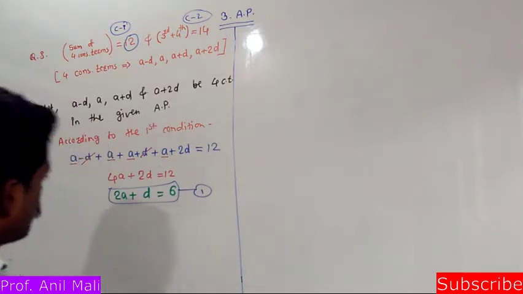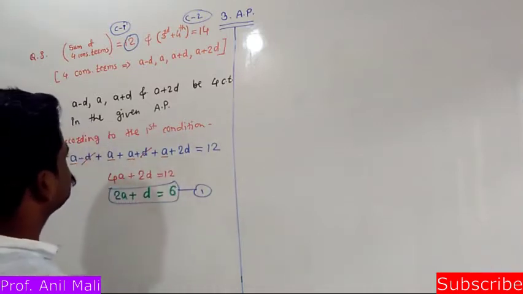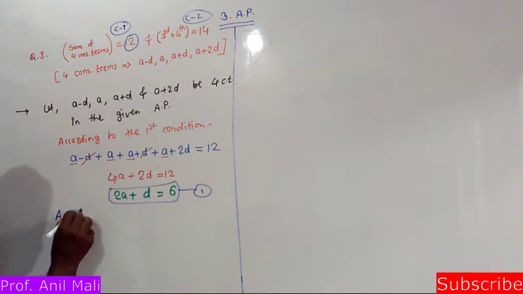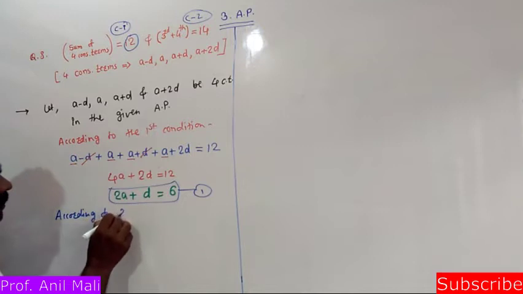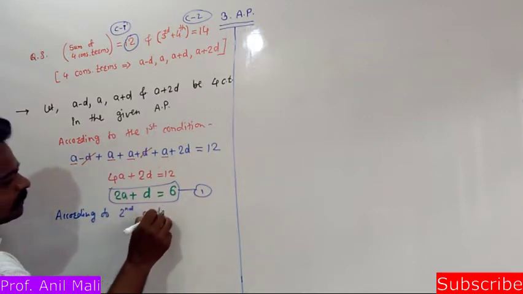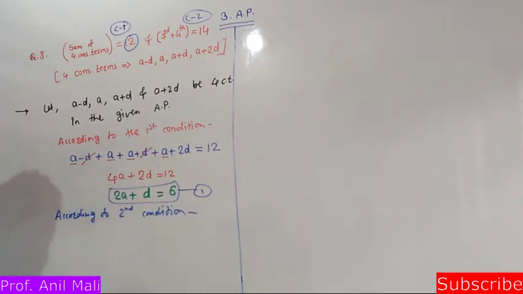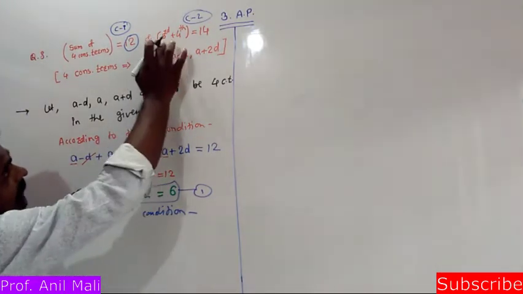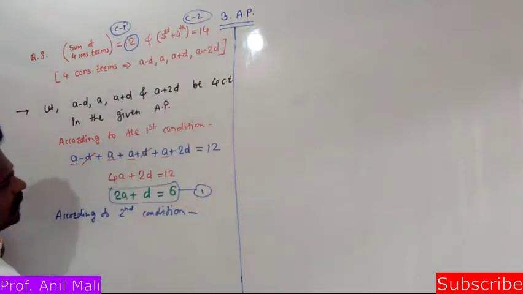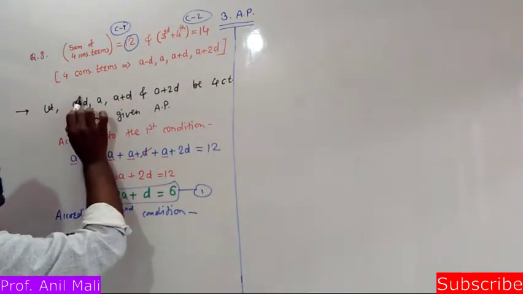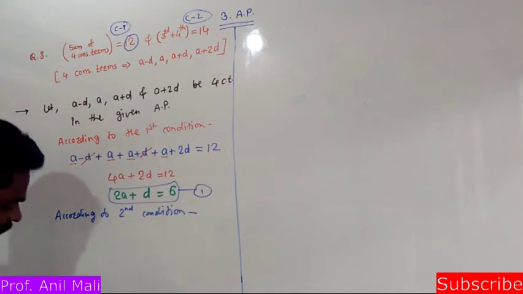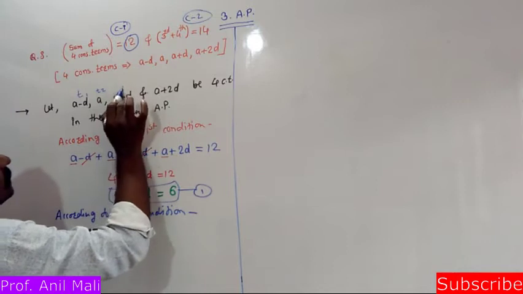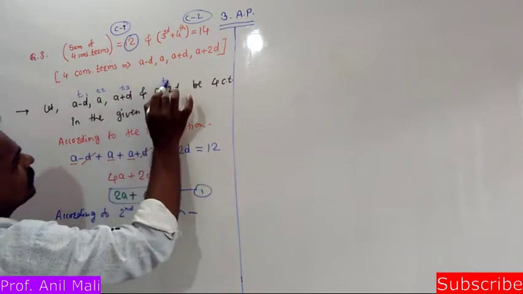So according to the second condition, the third plus fourth is equal to 14. This is your first term, this is the second term, this is the third term, and this is the fourth term.